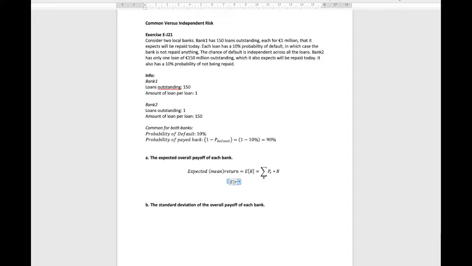So the expected return for bank 1 would then be, for the default we have 10% for being paid nothing, plus 90% for being paid 150 times 1, which is 150 loans outstanding times 1, which adds up to 150 million.